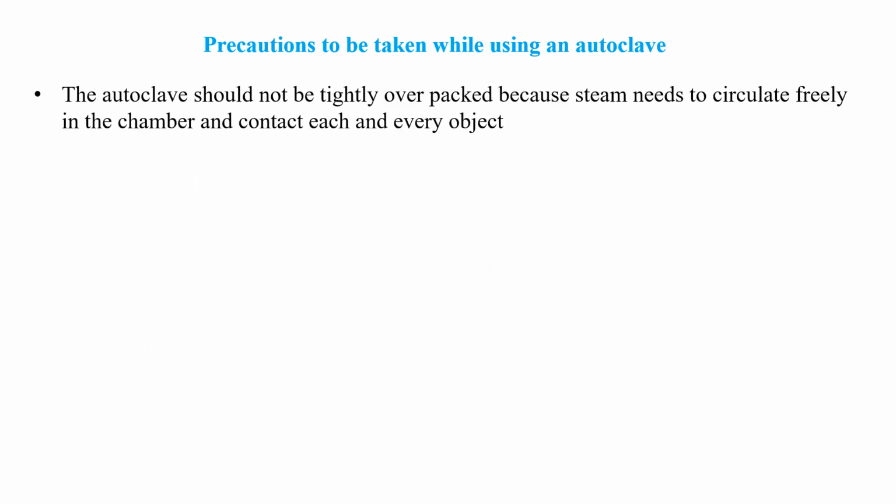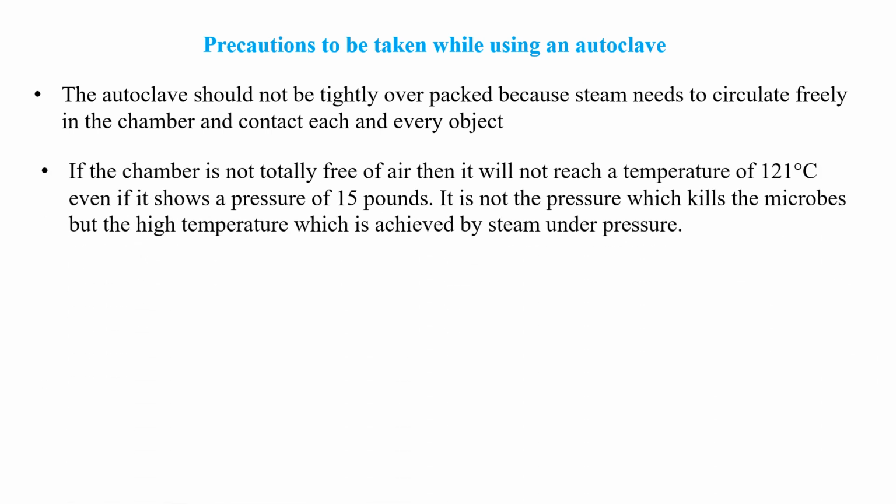There are certain precautions which have to be taken while using an autoclave. Firstly, the autoclave should not be tightly overpacked because steam needs to circulate freely in the chamber and contact each and every object. Secondly, if the chamber is not totally free of air, then it will not reach a temperature of 121 degrees even if it shows a pressure of 15 pounds.